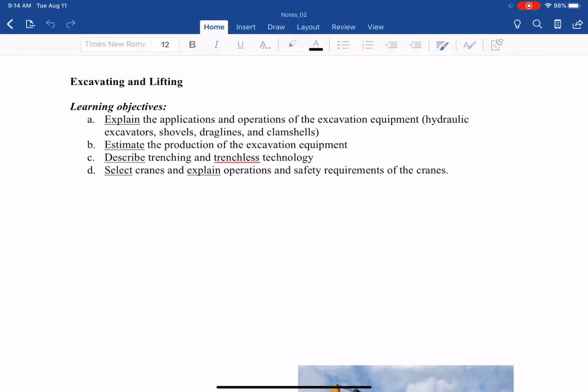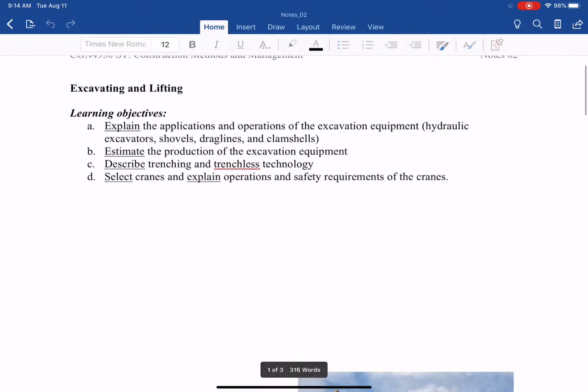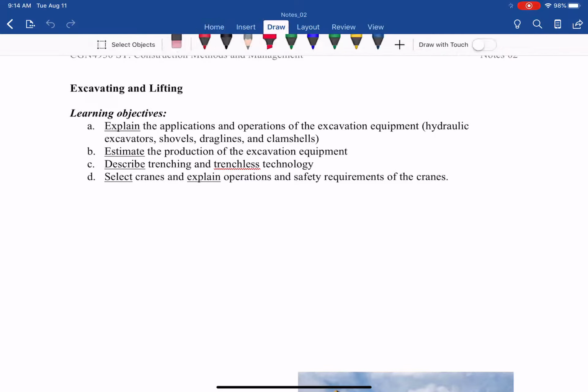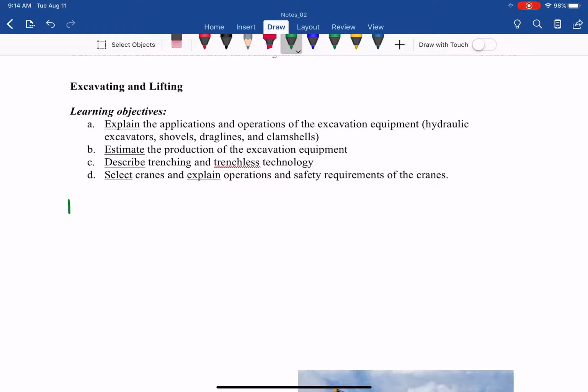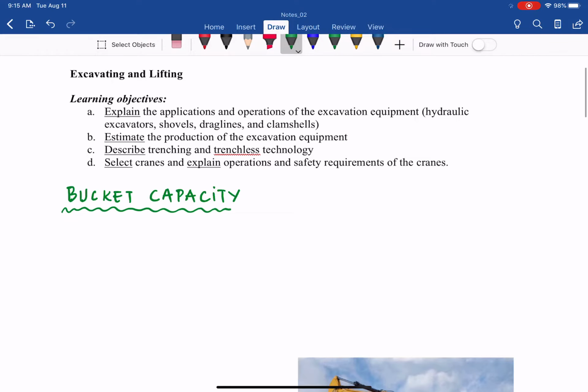capacity that we use for different types of excavation equipment. So let me start with the bucket capacity. There are a few of them.